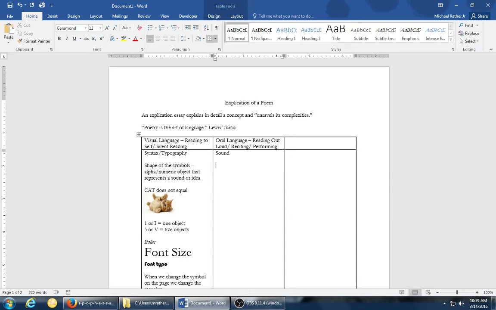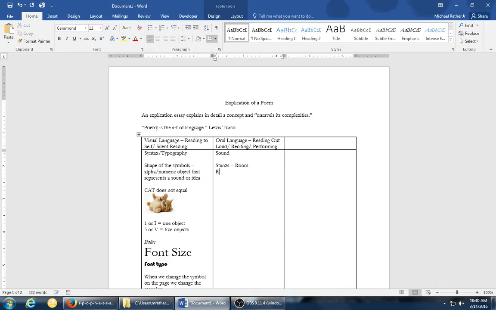Primarily this concept of a stanza, which we talked about, which literally means room. So if you think about it as a room, what does a room contain, right? That concept's very, very important.